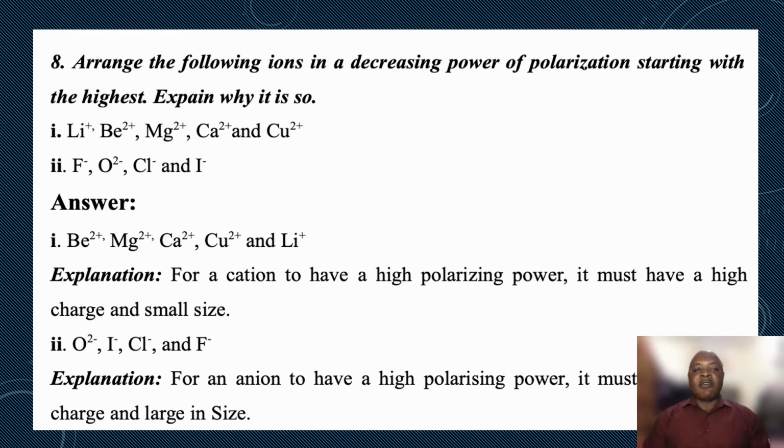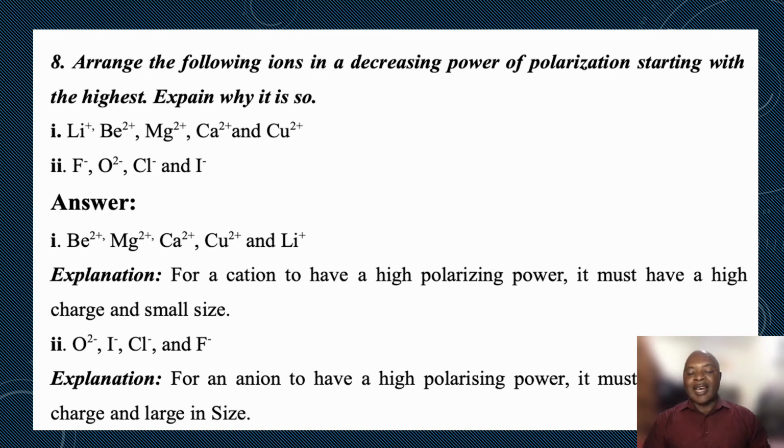We have been given the cations and we have been given the anions. For the cations, the answer is beryllium, magnesium, calcium, copper, and we end with lithium.